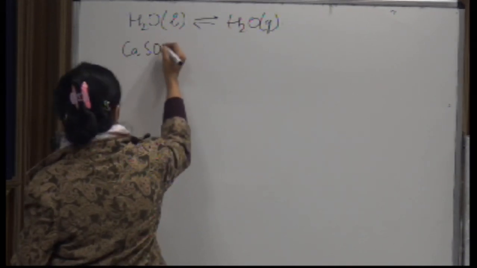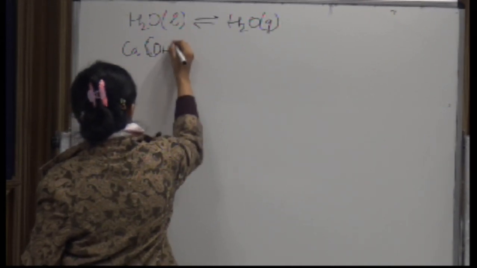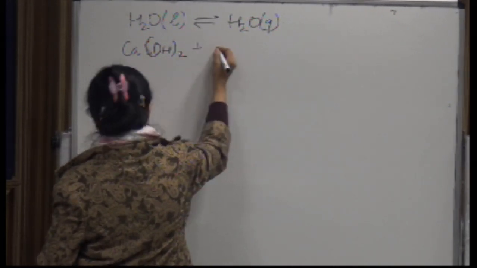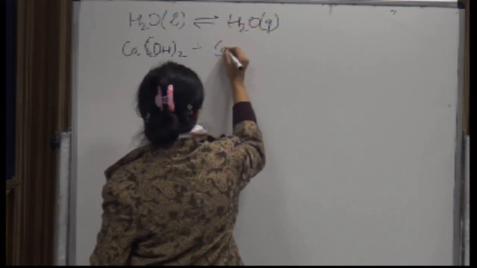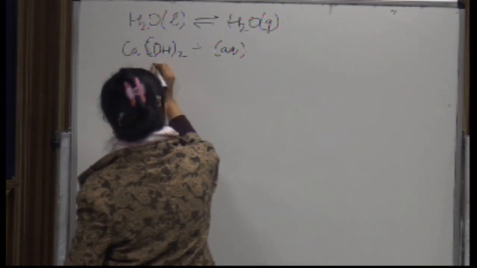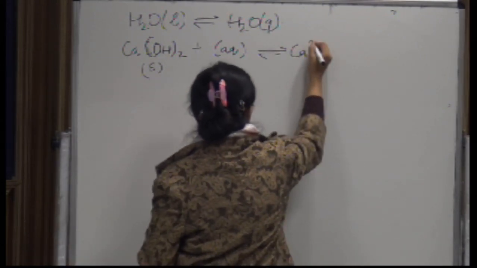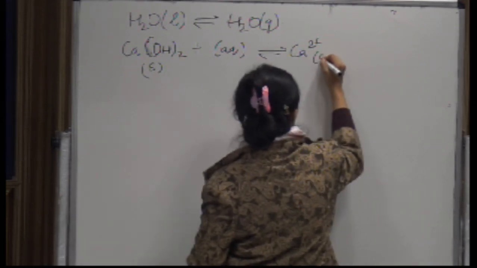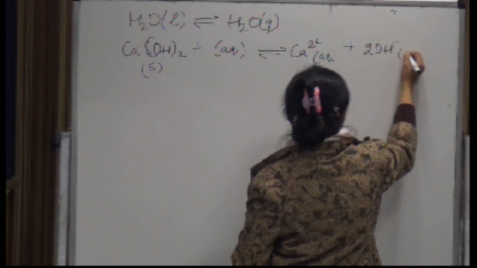Say you have another example, Ca(OH)2 plus water in the aqueous form. Say this is solid, and you make it aqueous. So what does it mean? It forms the ions in the aqueous solution: Ca2+ plus 2OH minus.